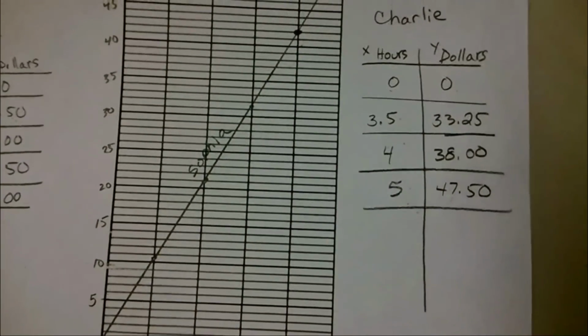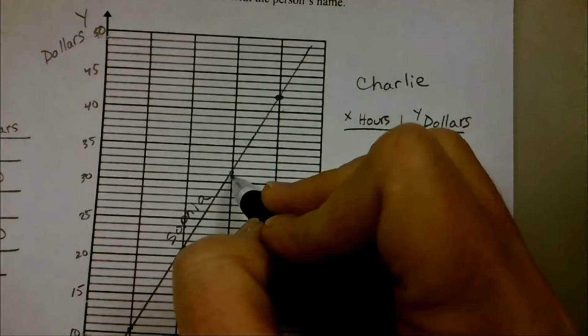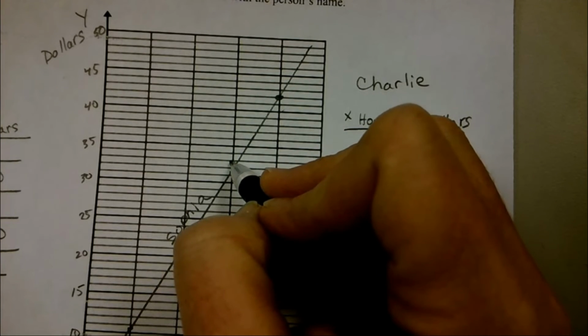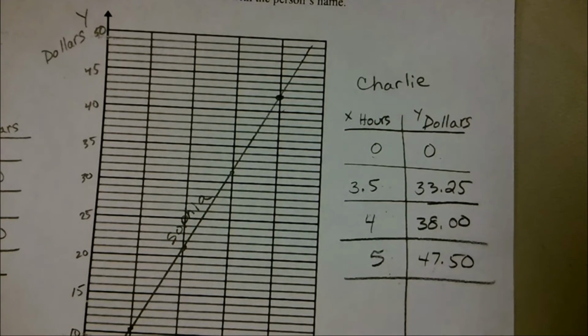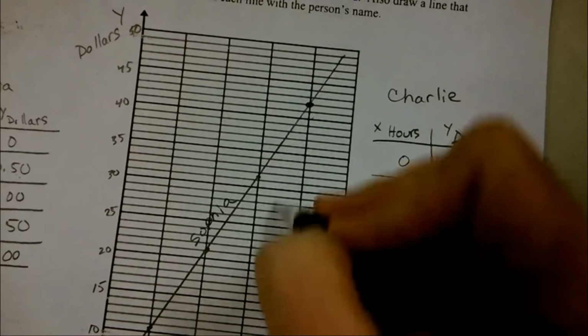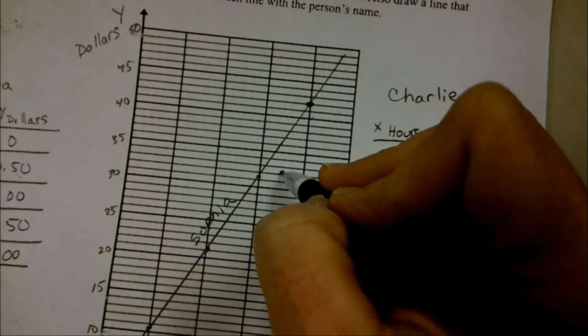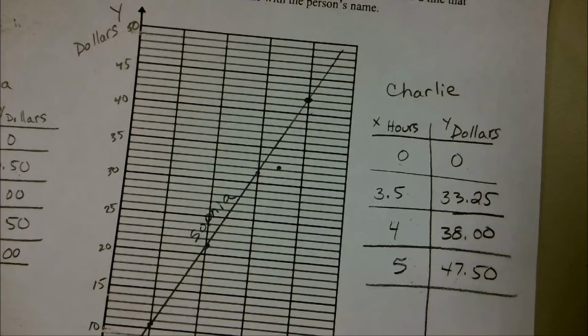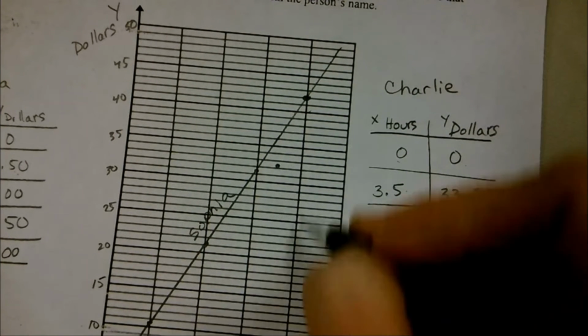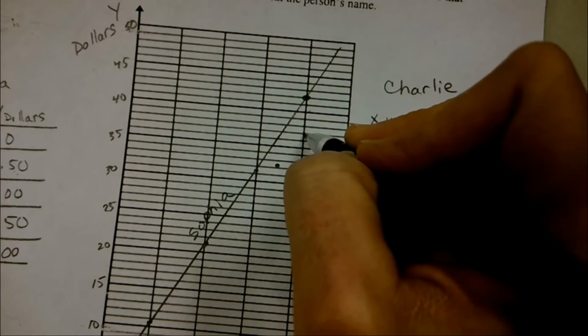Next, I'm going to plot the points that I have for Charlie. At 3.5, it's 33.25. Here's 30, 31, 32, 33. Oh, 3.5 hours. Whoa, I almost made a mistake. I have to go halfway between 3 and 4. So, again, here's 30, 31, 32, 33, and it's 33.25, so it would be right about there, kind of sitting on the line. 4 is 38, so I'm going to stick on that 4 line and go up to 35, 36, 37, 38.